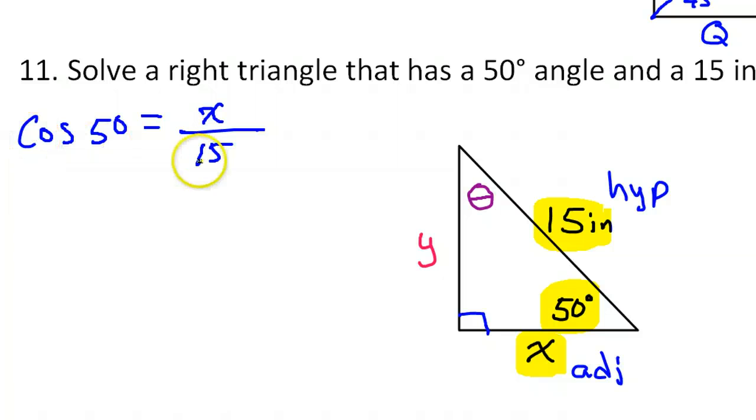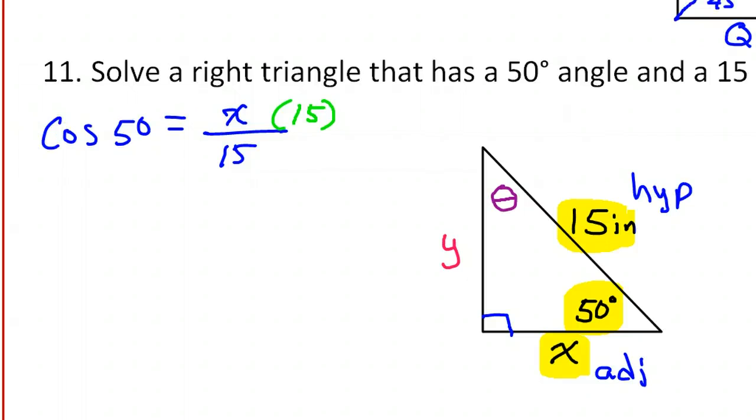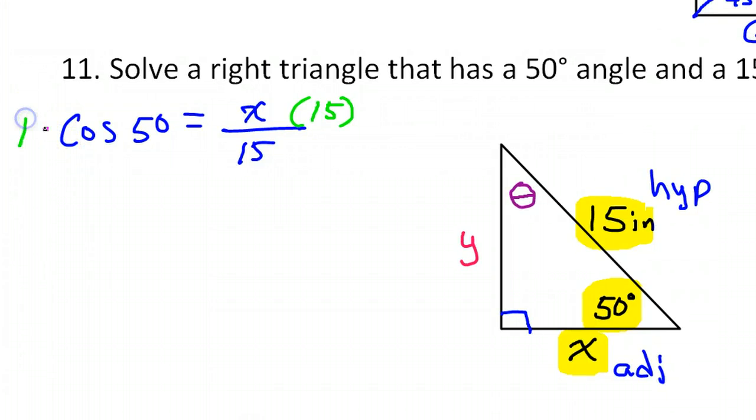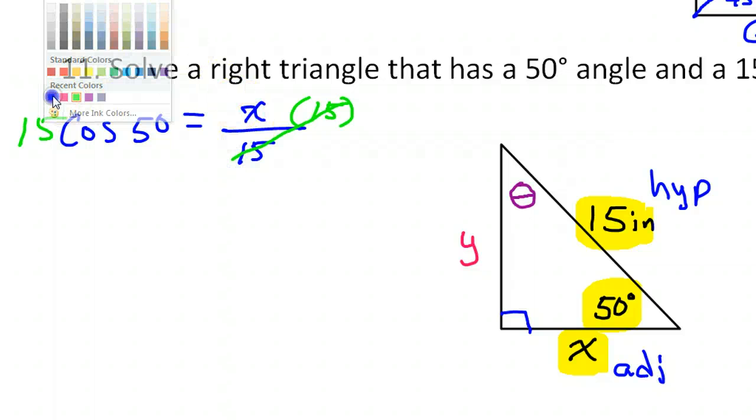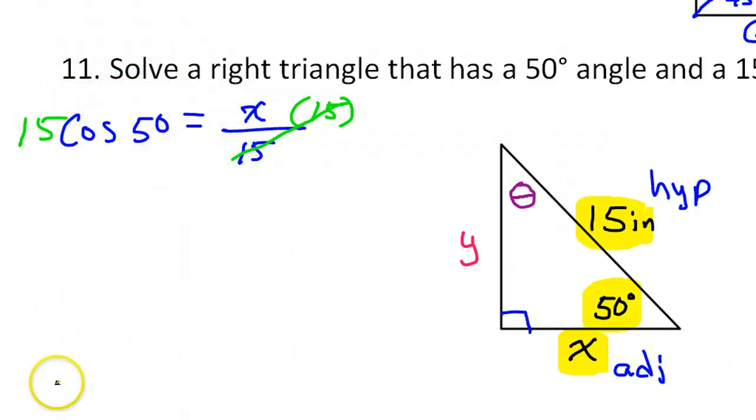Is this one where I do the swap, or is this one where I multiply? Yeah, this is one where I'm going to multiply. Okay, that way these cancel out, and I'm left with 15 cosine 50.